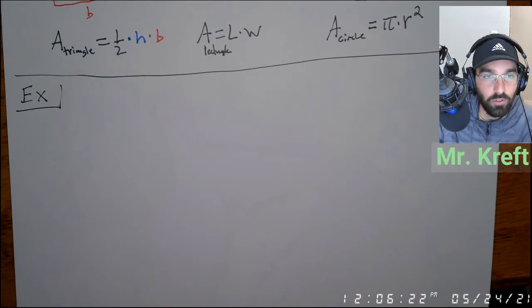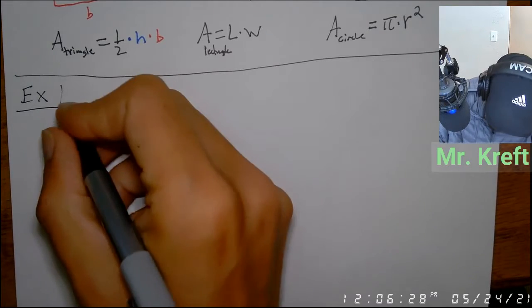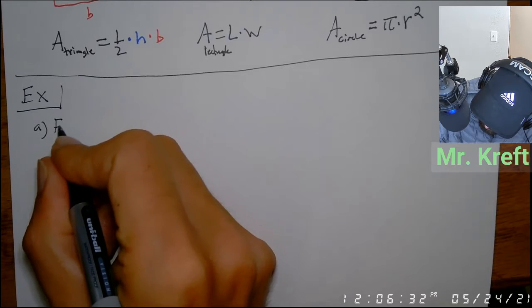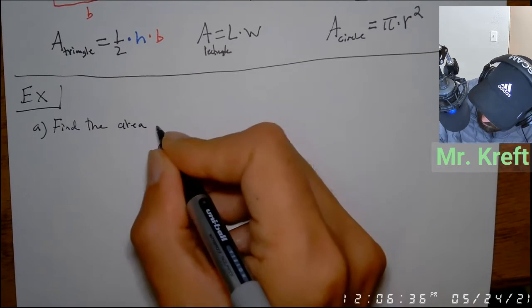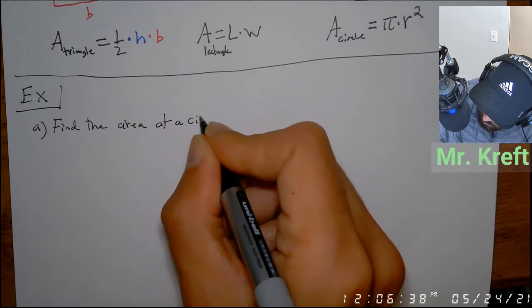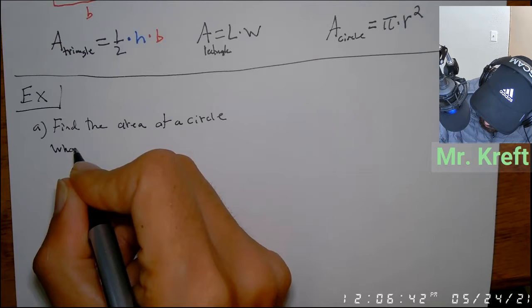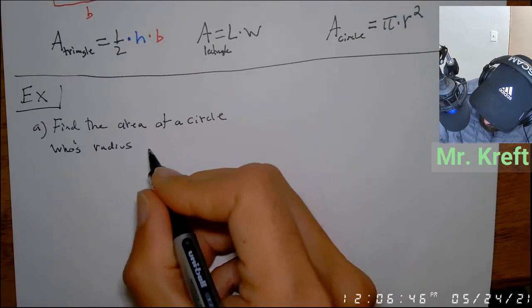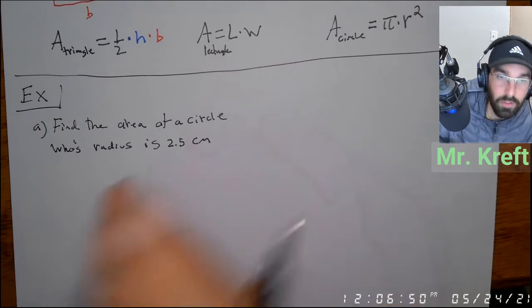I'm going to focus on circles, just because I know you have done a lot of triangles and rectangles in your life. So we're going to find the area of a circle whose radius is 2.5 centimeters.